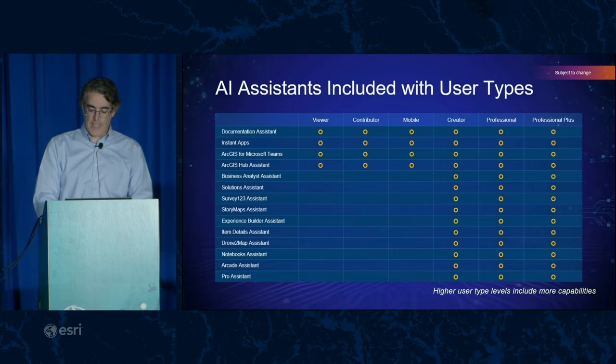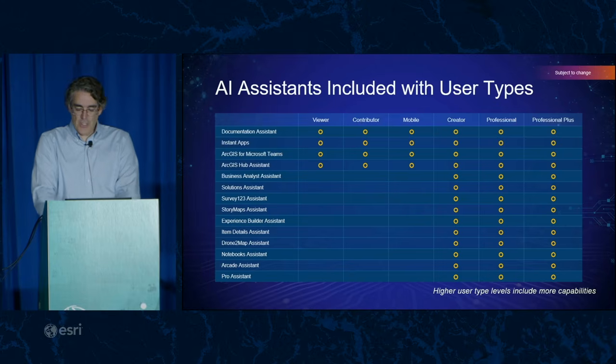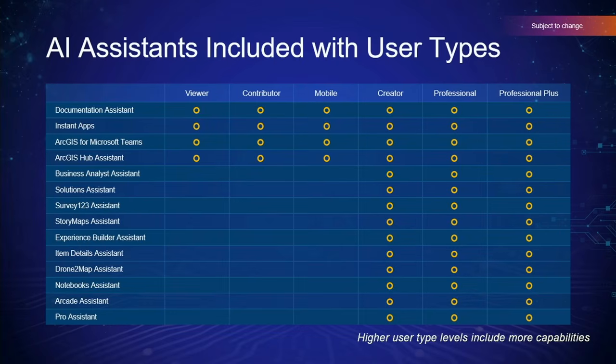I want to spend just a minute talking about licensing, because this question comes all the time. Some of you are thinking, oh, is this going to cost ArcGIS Online credits? That's not what we are thinking. The official announcement and definite announcement for pricing will be in June at the users conference. But I can anticipate to you now that our intent is to bring assistants as part of user types.